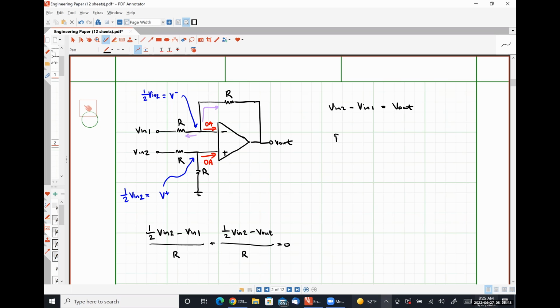Okay. So this is what's called a differencing amplifier. If the various R's or resistors that we use to bias this guy have non-equal values, we're still going to wind up with something akin to VN2 minus VN1, except that each of those input signals is going to be scaled by different factors.